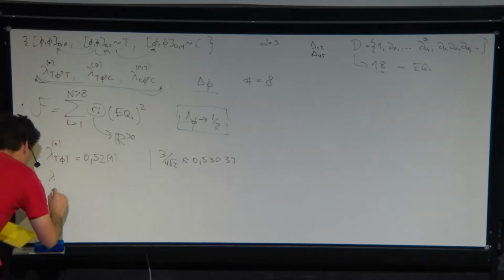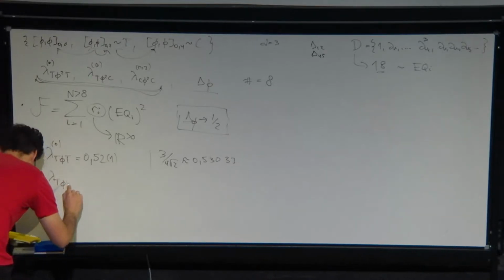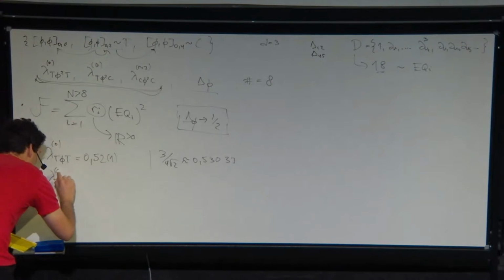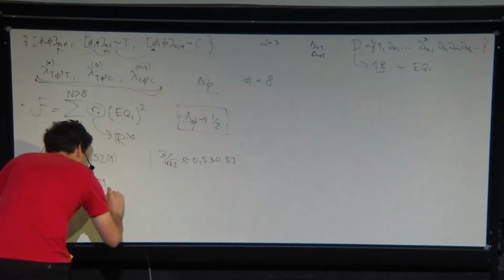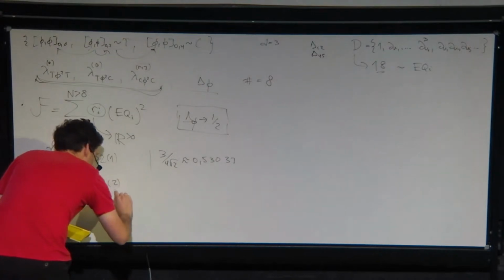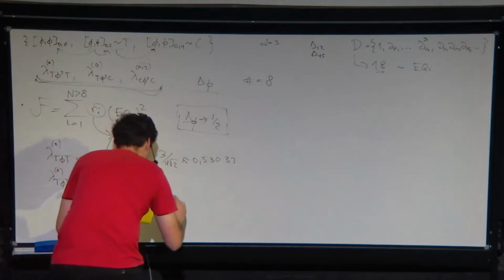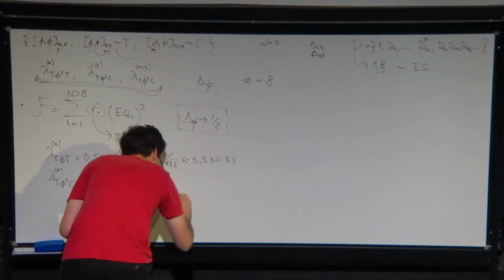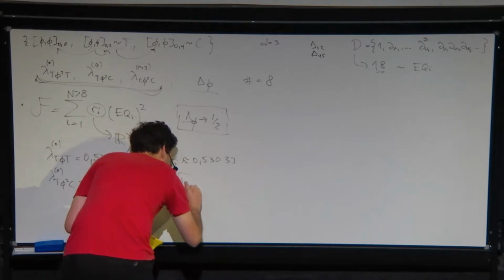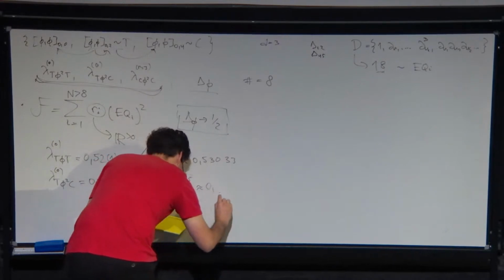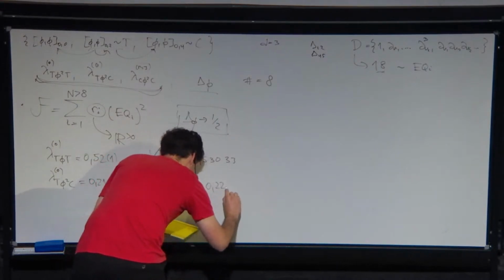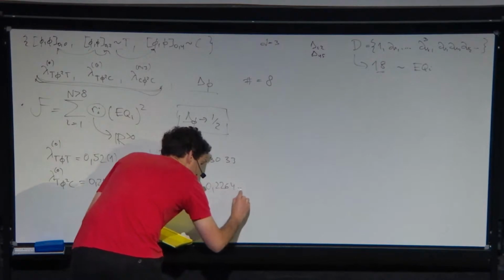Then we get two more. And this exact value is 1/32 square root of 5/2. So that's 0.2264.